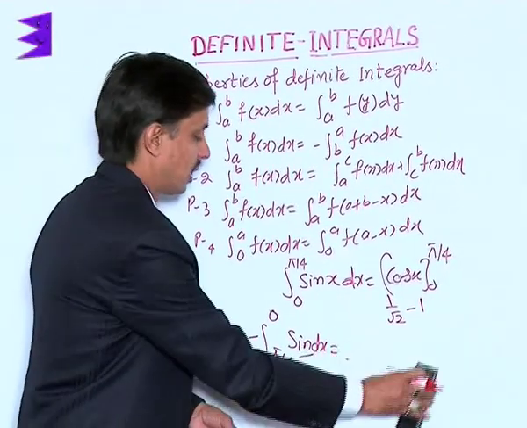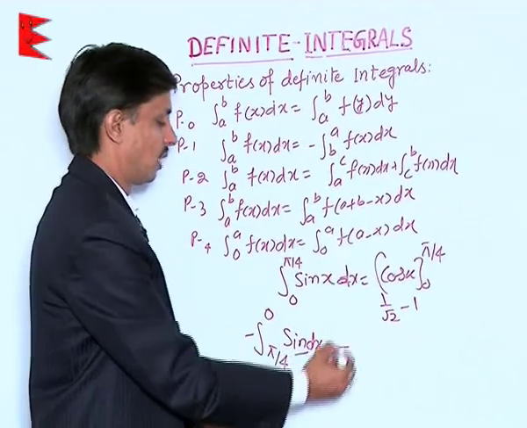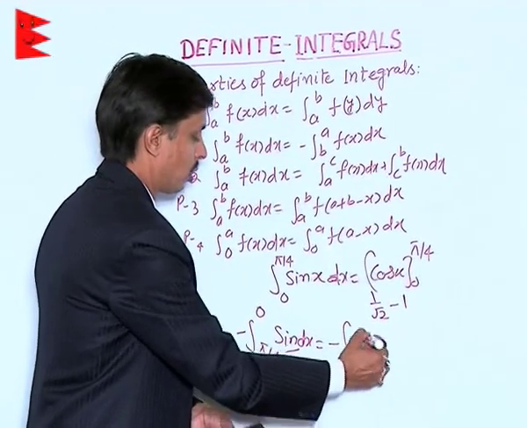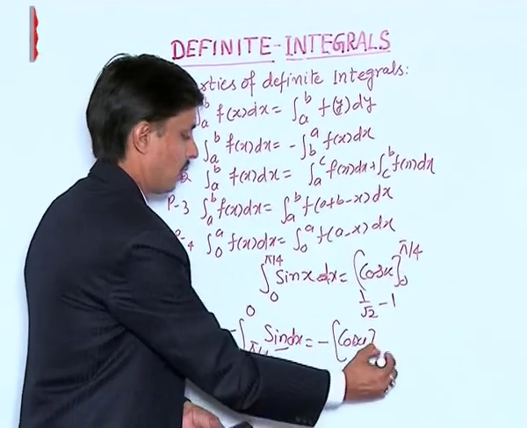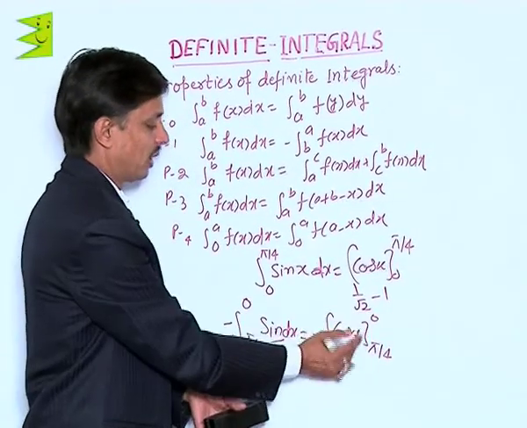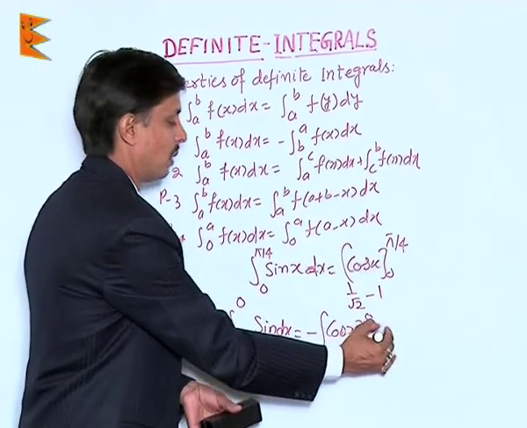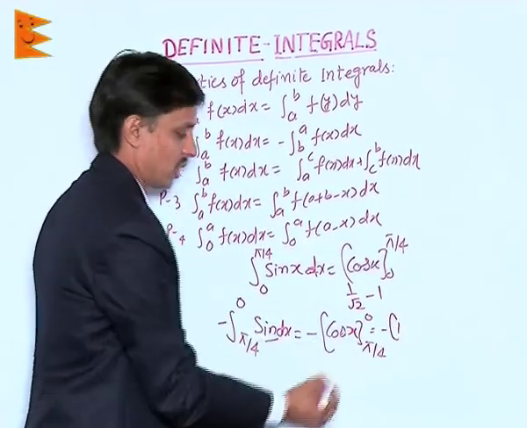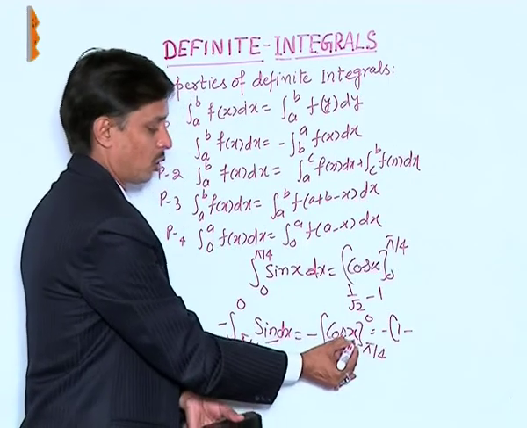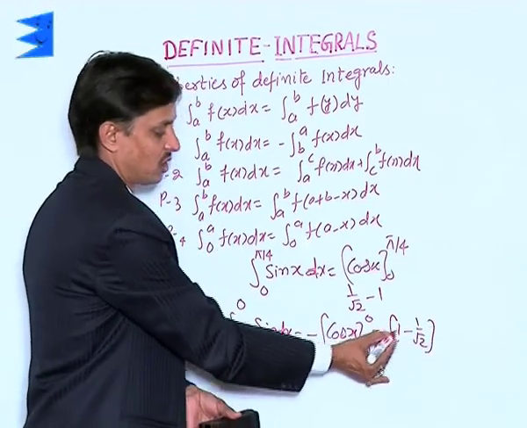And the answer when limits are reversed can be calculated by taking minus of cos x from pi by 4 to 0. So for the upper limit, cos 0 is 1, so this will be minus of 1. For the lower limit, cos of pi by 4, that is 45 degrees, is 1 by root 2, and the minus is outside.